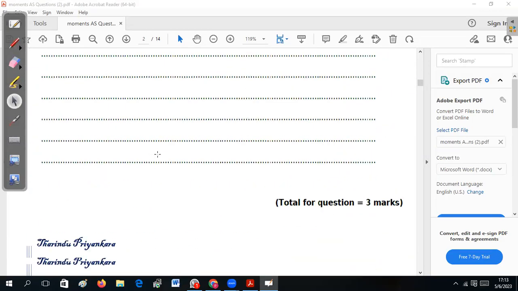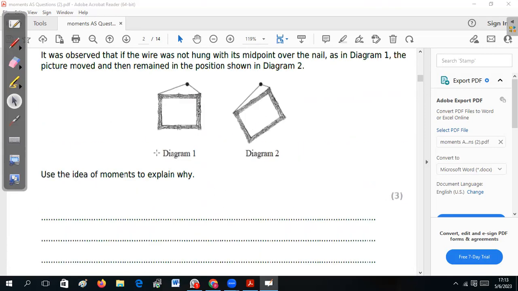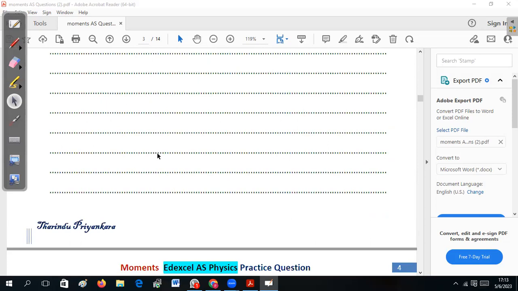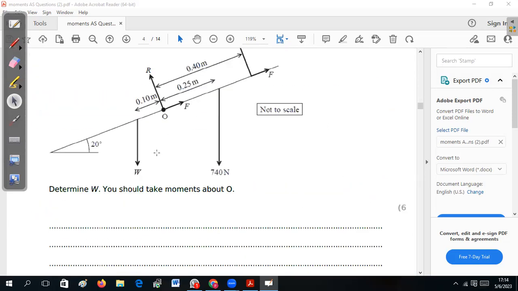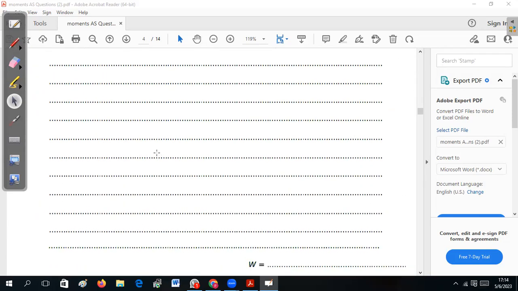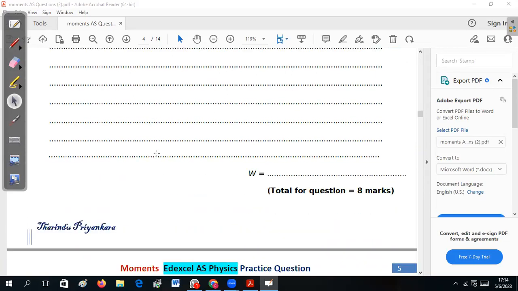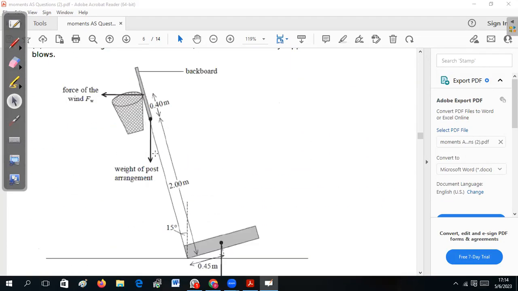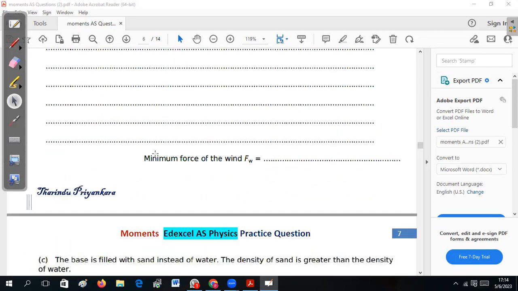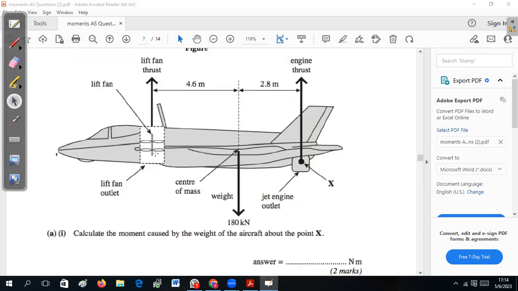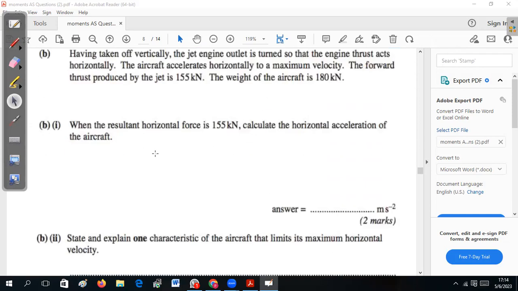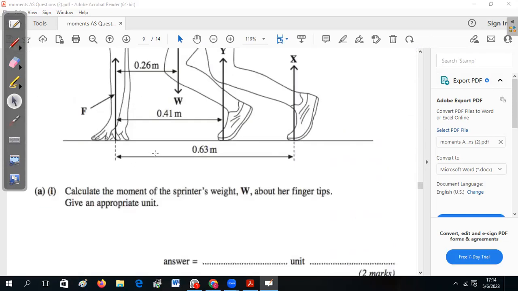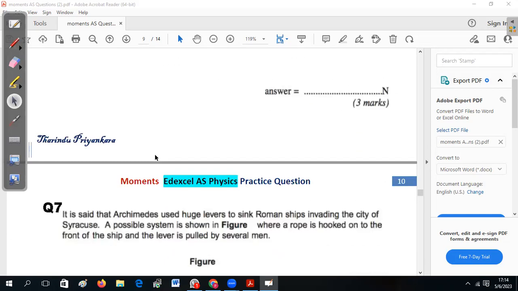This one is an explanatory one. So firstly, let's do a calculation one. Shall we try this sprinter question?